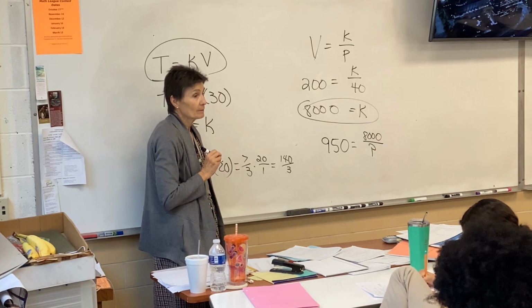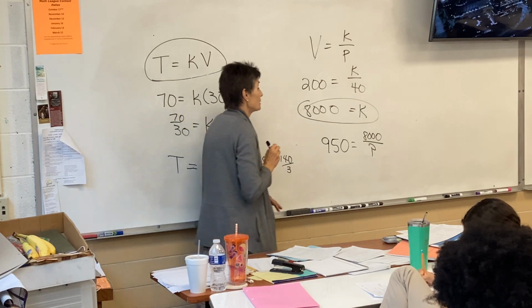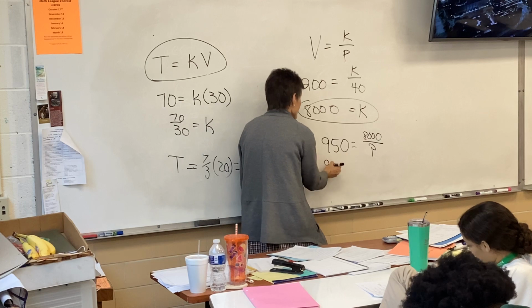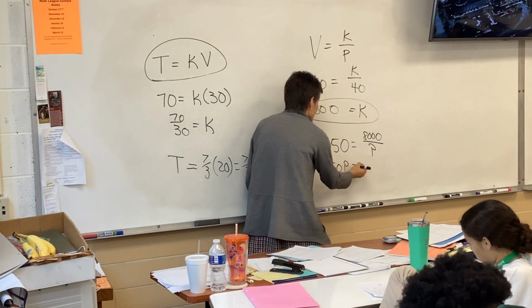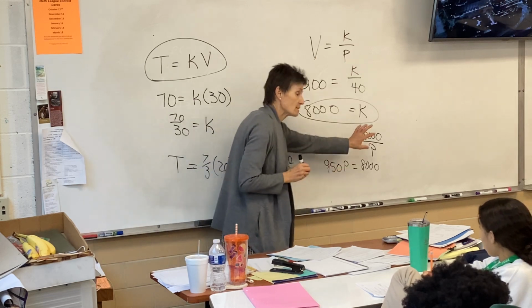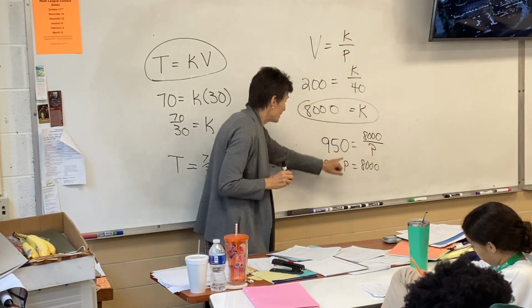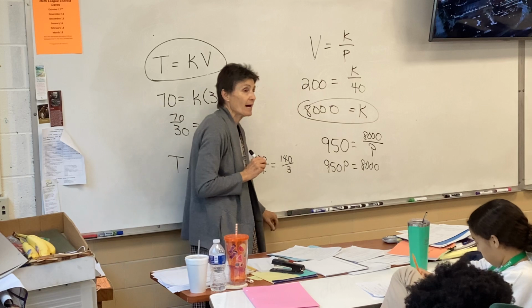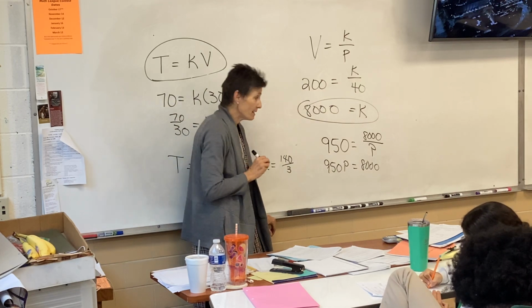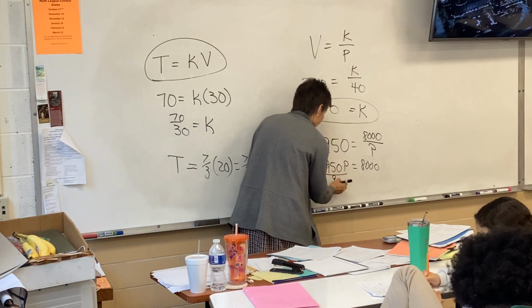And then, be careful, to solve this, you've got to get that P out of the denominator. So 950P equals 8,000. You can't solve that, kids, you've got to get him out. So 950P equals 8,000. And then we'll divide by 950.